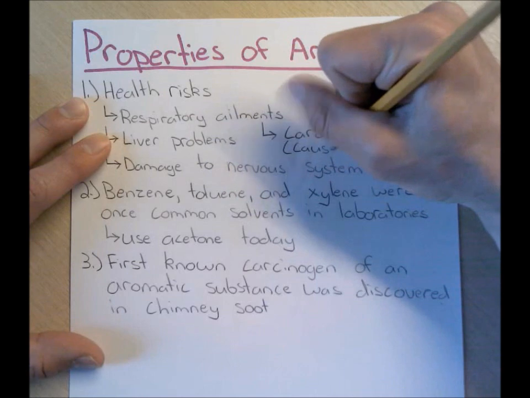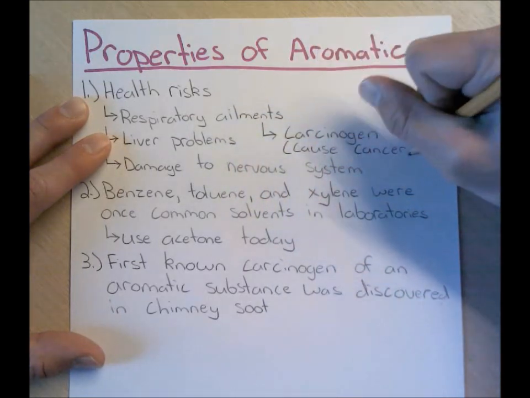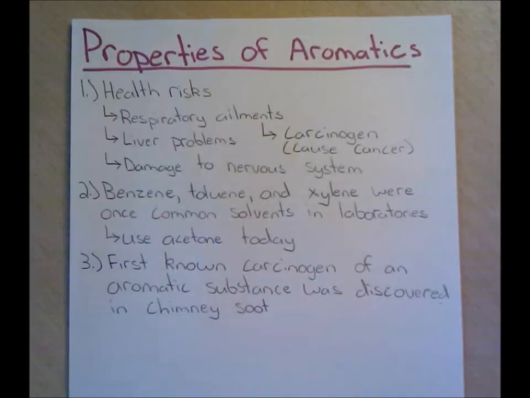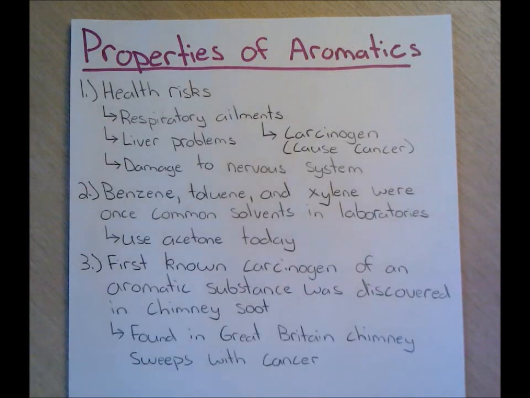So in Great Britain, this was the mid to late 1800s, they discovered these aromatic hydrocarbons in chimney sweeps, and it was actually found when these chimney sweeps would develop cancer. And that particular aromatic compound that caused that cancer in those chimney sweeps was known as benzopyrene.